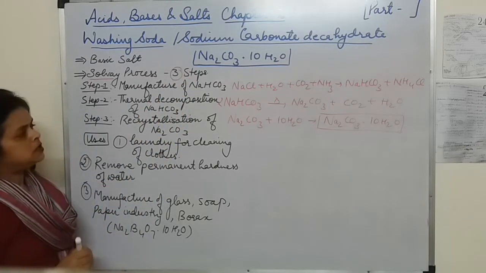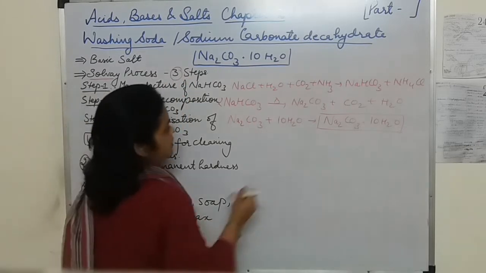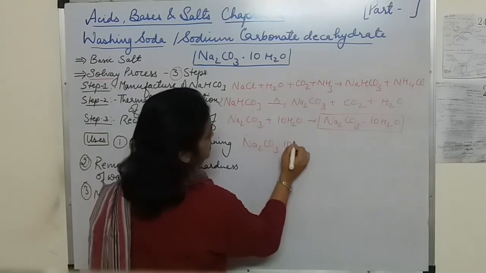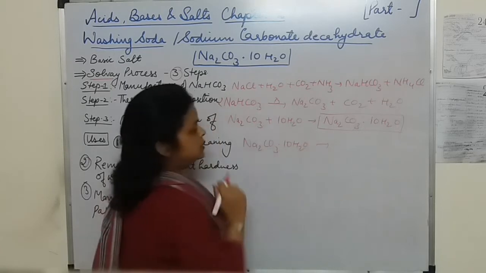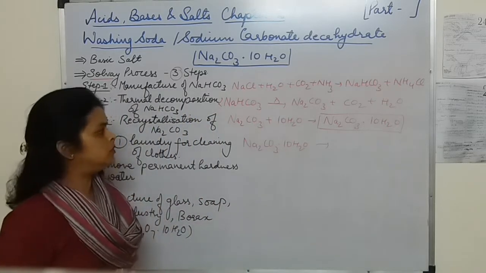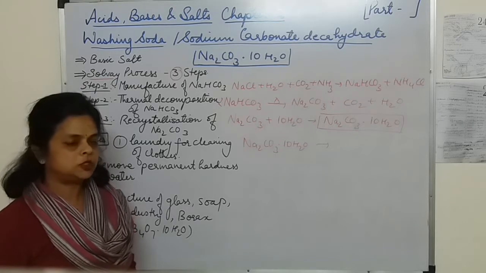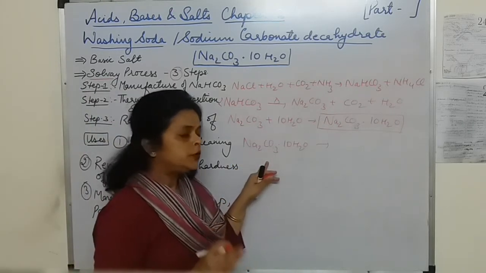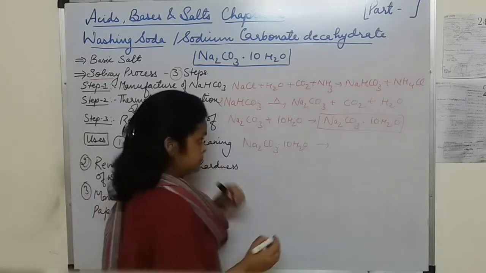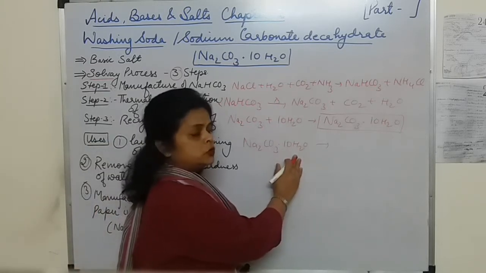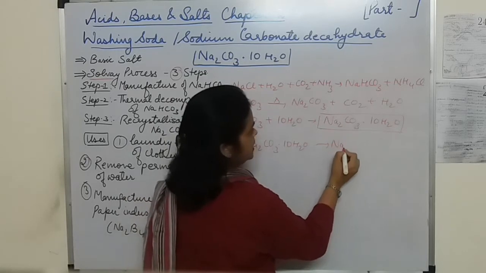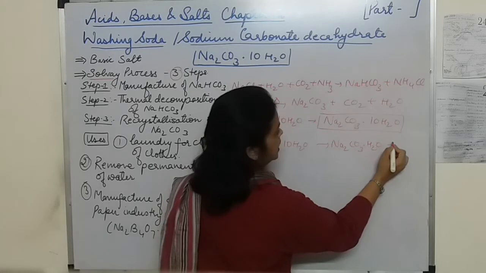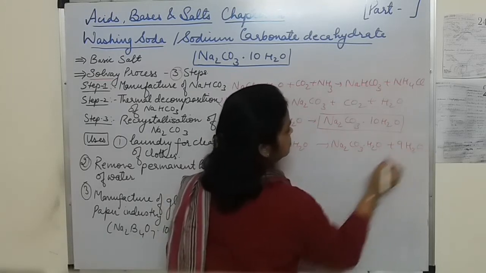Now I'll tell you 2 things about this Na2CO3. This Na2CO3.10H2O, that is the washing soda molecule, when kept open in air at room temperature, loses 9 molecules of water and forms Na2CO3.H2O along with 9 water molecules.